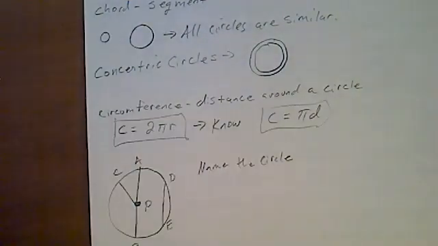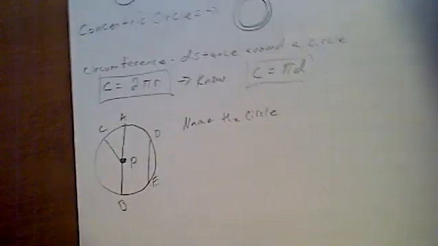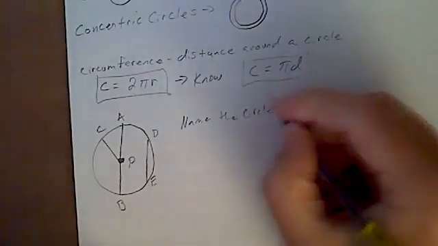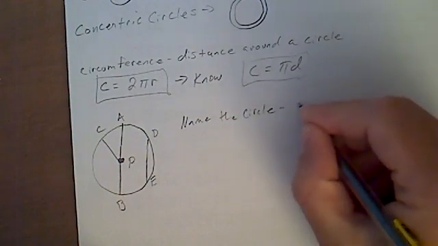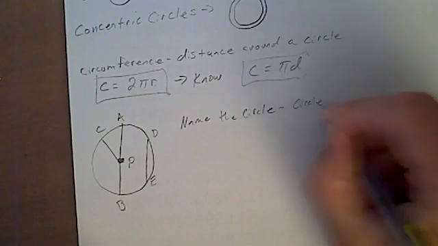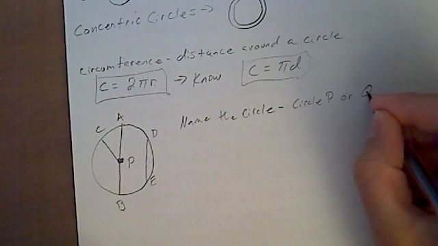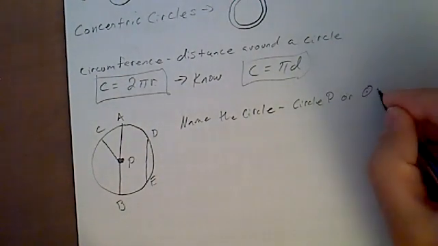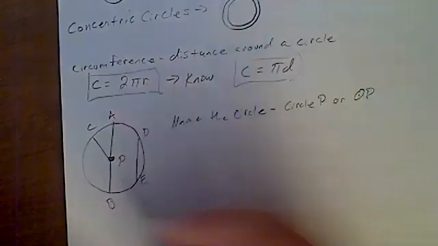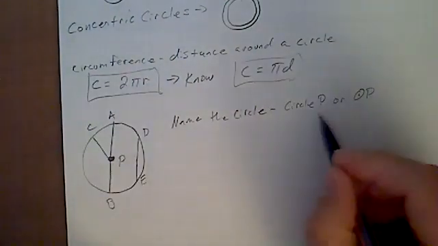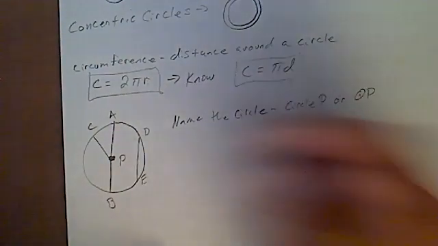No, you cannot name your circle Bob or Phil or Kyle or something like that. It has a specific name. The name of this circle is Circle P, or you can write it as a circle symbol and then P. Why is it Circle P? Because the center is at P. So we name circles based off of their centers.